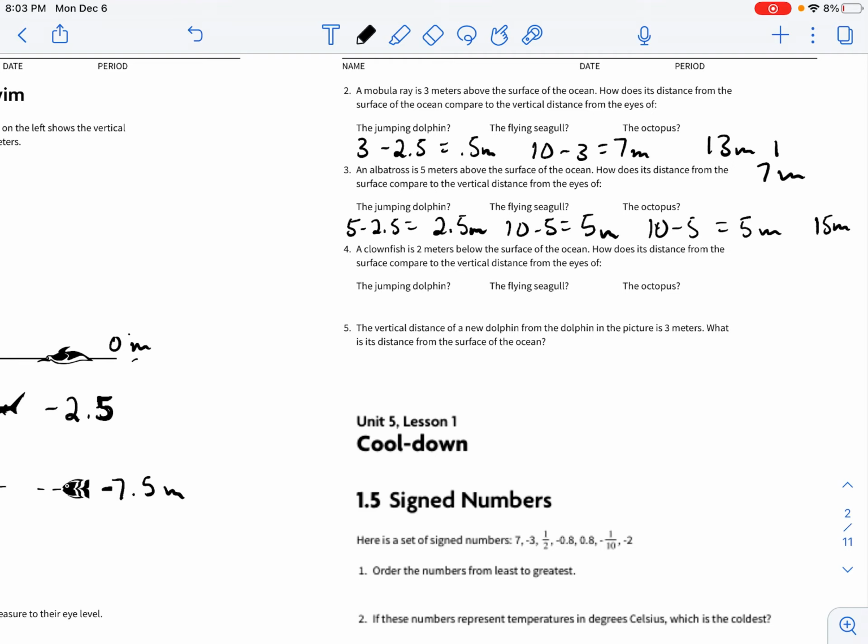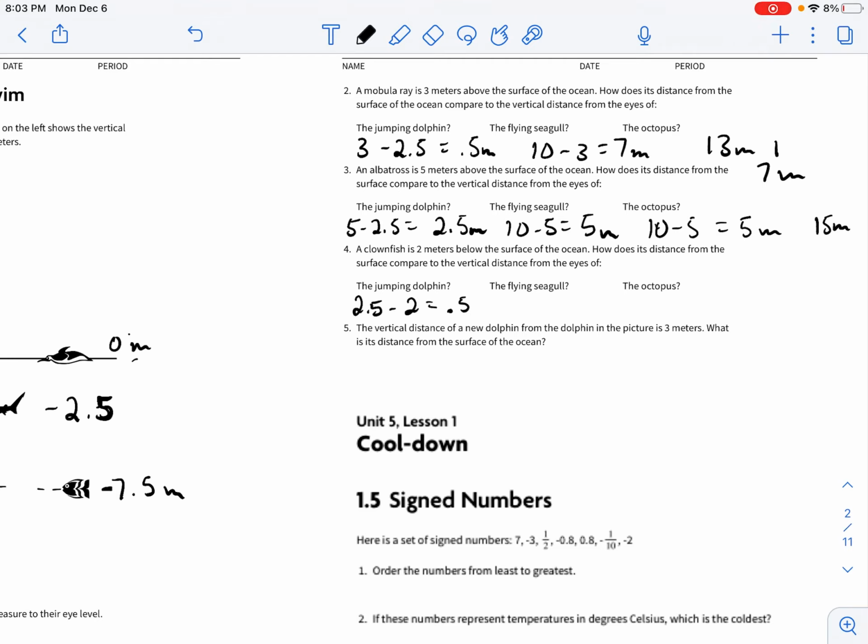How does its distance from the surface compare to the vertical distance from the eye of the jumping dolphin? So here the jumping dolphin is at 2.5. So once again, 2.5 minus 2, which leaves you with 0.5.